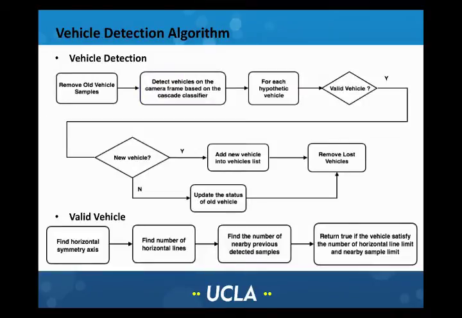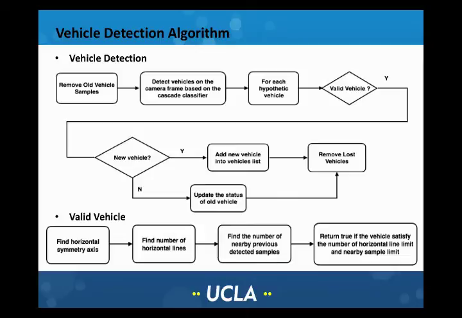Then I will introduce the vehicle detection algorithm. In vehicle detection, we firstly remove the old vehicle samples. Then we detect vehicles on the camera frame based on the cascade classifier that is generated using a training file. For each hypothetical vehicle, we determine whether it is a valid vehicle. The procedure is as follows.